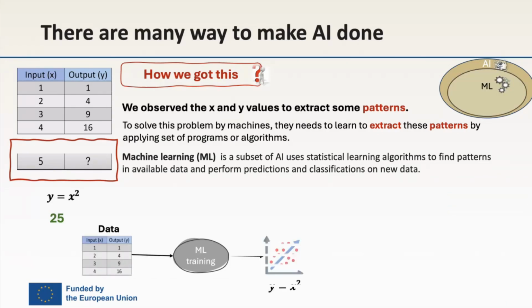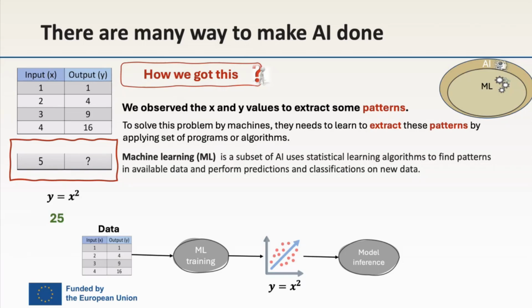In this diagram, first we have the data that we had as people. Then this data is input for a machine learning model. The model tries to learn the specific pattern between the input and the output, and then we use this model for inference, to predict a new value.